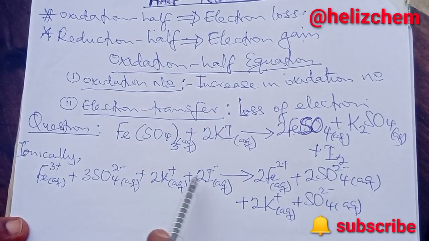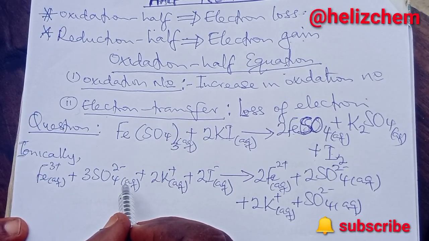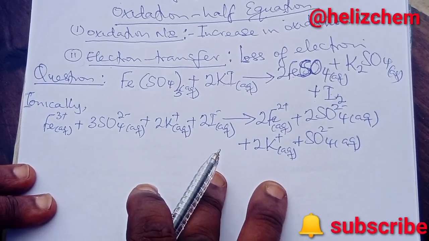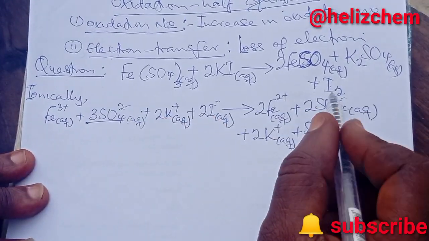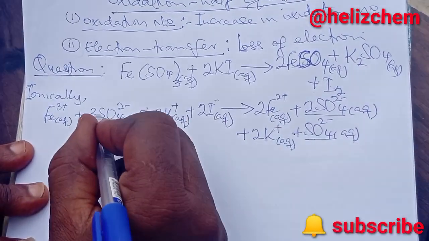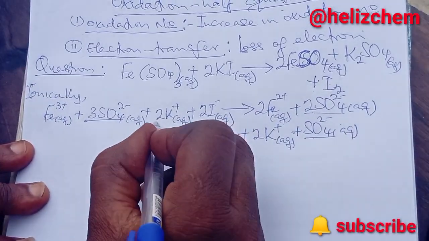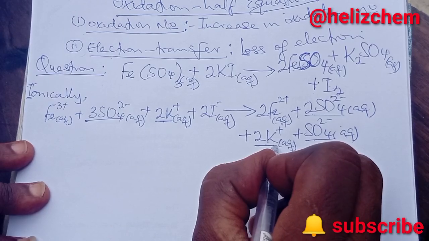So you have to eliminate the radicals. If you look at this now, this is 3SO4, this is 2SO4 plus SO4, so this one has been eliminated. 2K+, 2K+, you eliminate it like that.